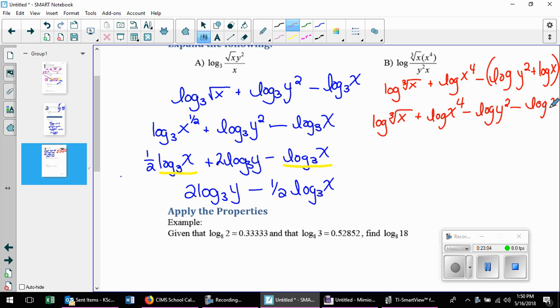Okay, so now I need to move my exponents forward. You need to make sure that you recognize roots as rational exponents. So what's my exponent going to be on that x? 1/3. So I'm going to combine this one and that one.